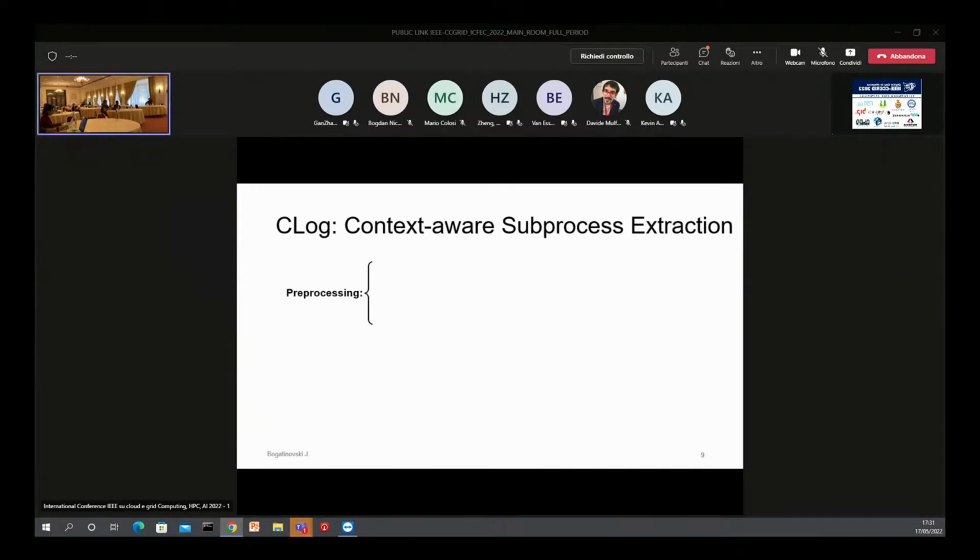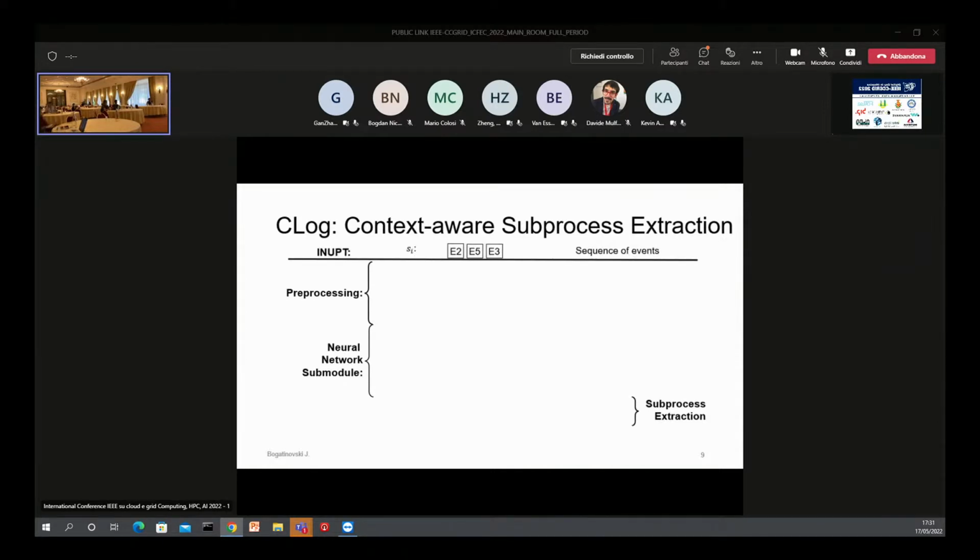Now I will explain how we actually extract subprocesses. The name of the method doing the subprocess extraction is CLOC. It is composed of three parts: preprocessing, a neural network module, and subprocess extraction. For the preprocessing, at the input we are given a sequence of events for one time window, and the preprocessing is composed of two parts.